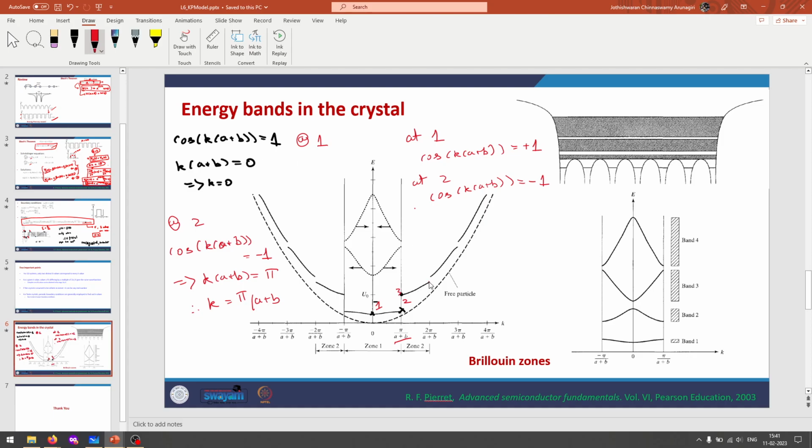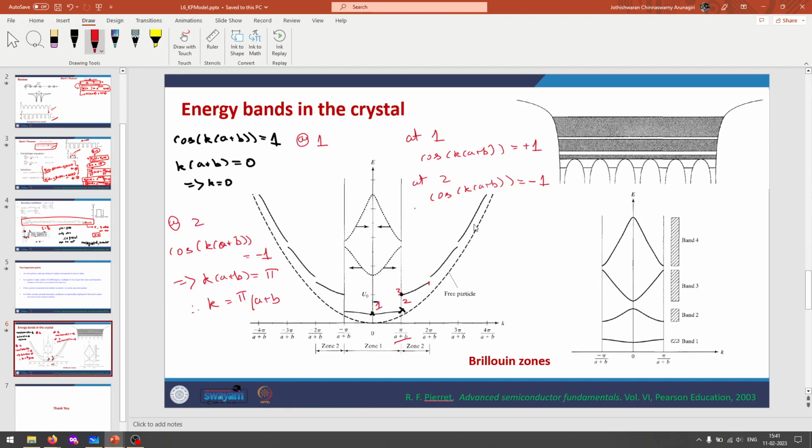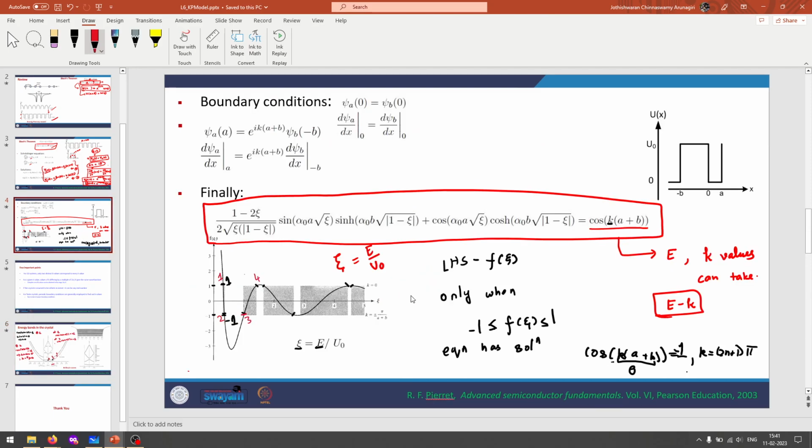So k is equal to 2 pi by a plus b. Immediately after that, the next point occurs at a different value, but for the same equation, cos of k times a plus b equal to plus 1. Therefore, at the same k value, the next sequence of solutions begins. So I have point 4 and point 5 is over here.